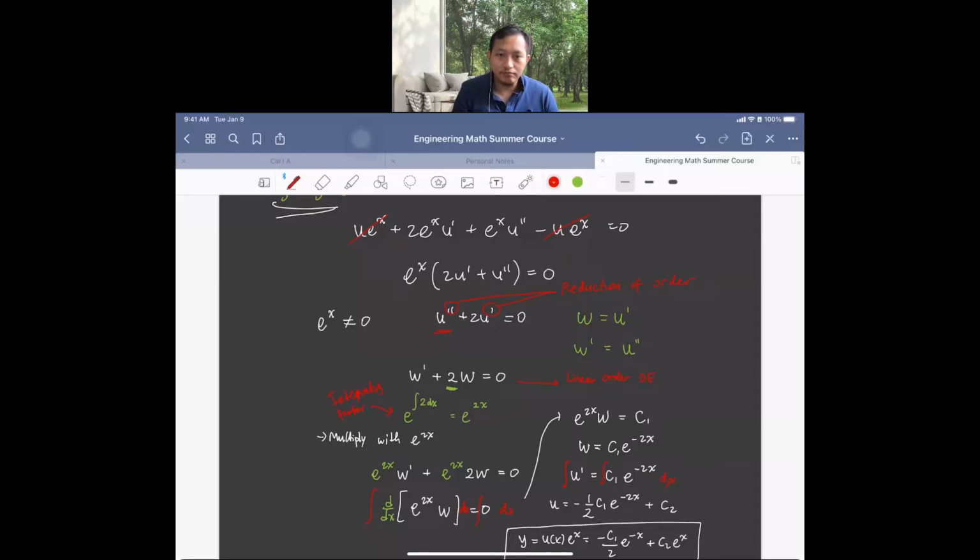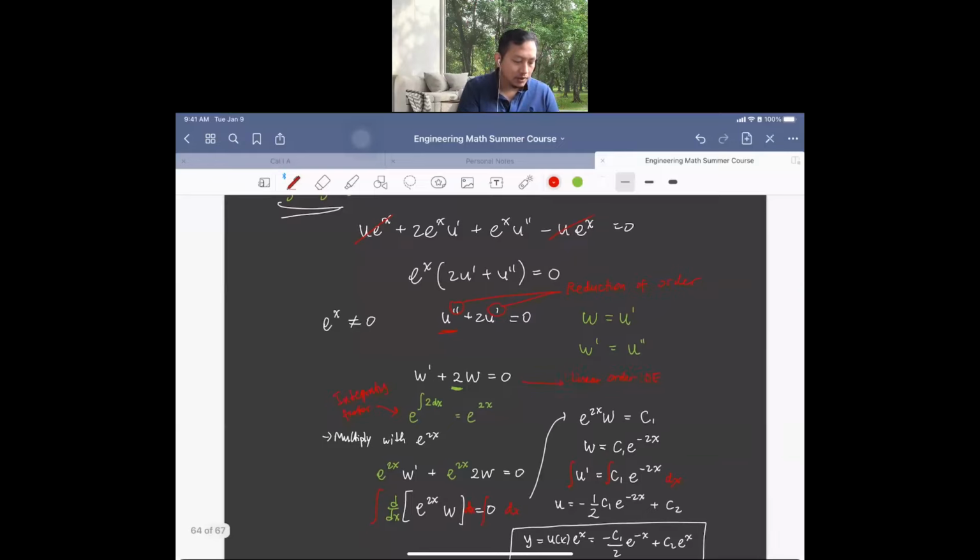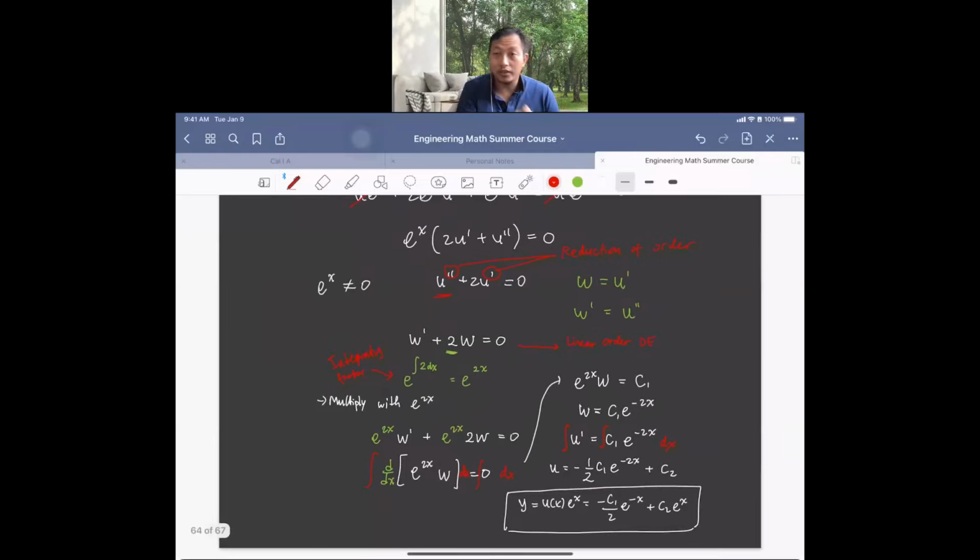Then multiply as usual, and then finally find what is u, and then transform back to the original substitution. Then that will be your second solution. This is y2.